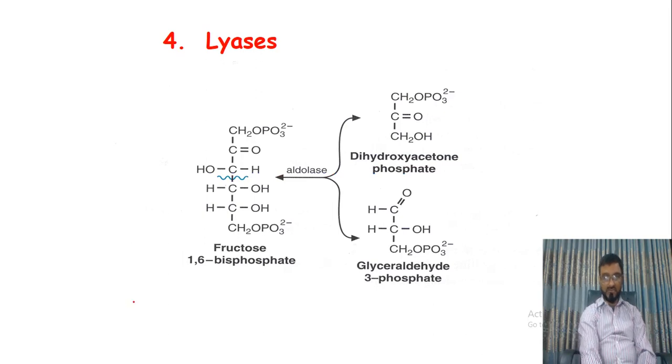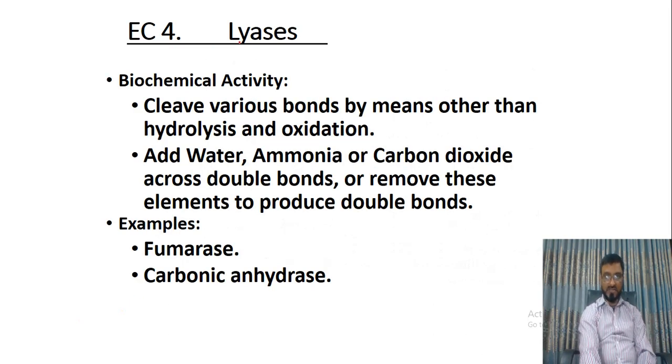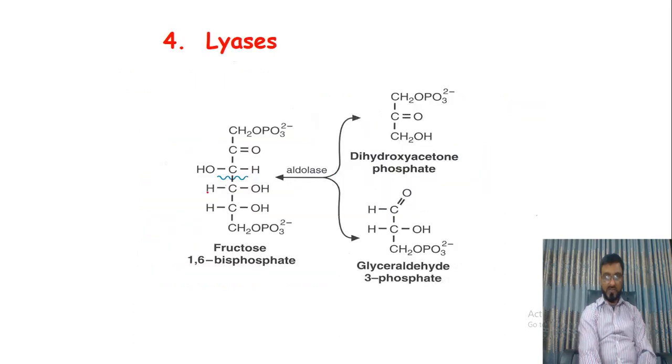Look at this example. Breakdown, as I told you, is involved other than water. So look at this one, it's fructose 1,6 bisphosphate. It's a 6 carbon compound, and you can see that it's broken down at that point. One of the members of the lyases is aldolase.